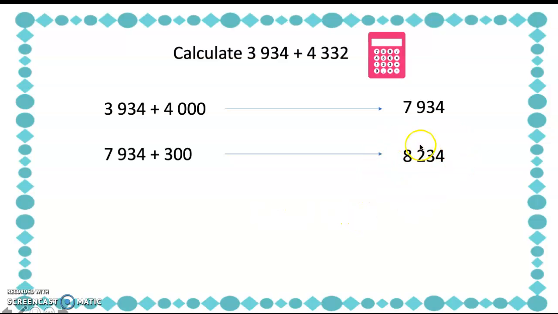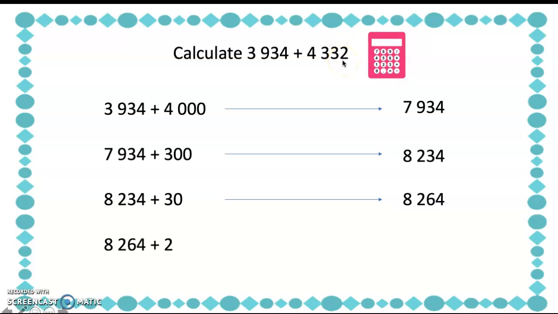And then you have the next answer of 8,234, and you're adding the next place value, the tens place, 30. You're getting this answer, and then you're adding the last place value of the unit place value, which gives you your final answer of 8,266. So there is your answer that you should have.